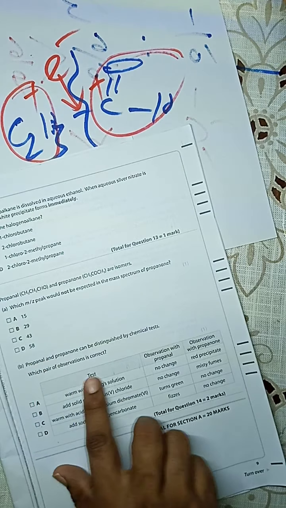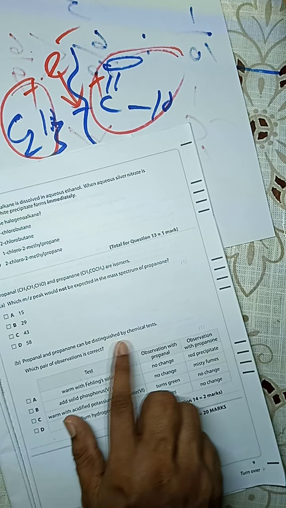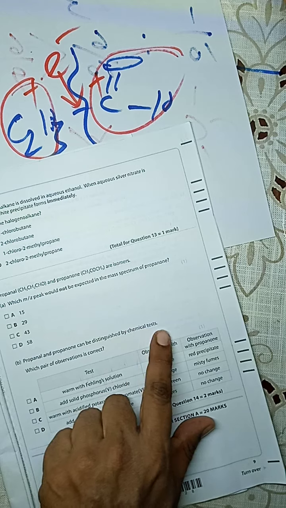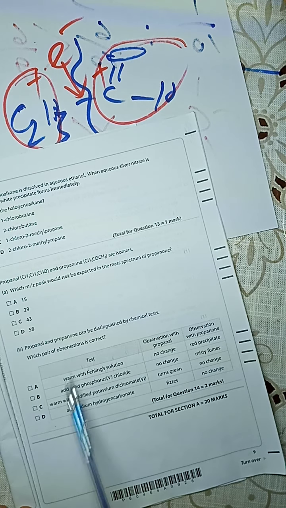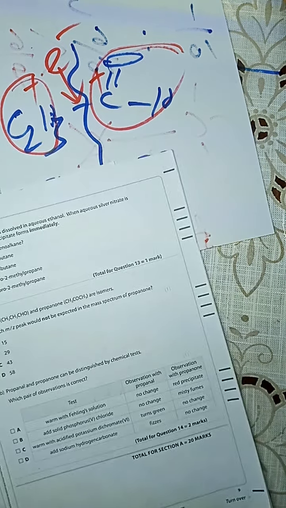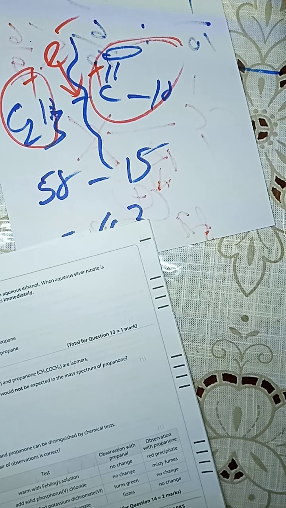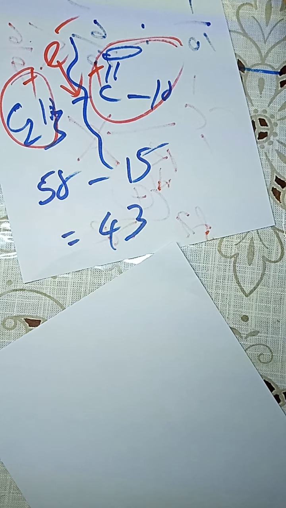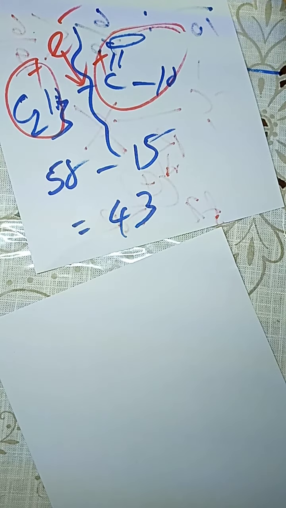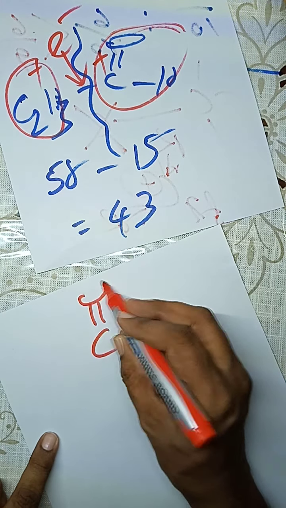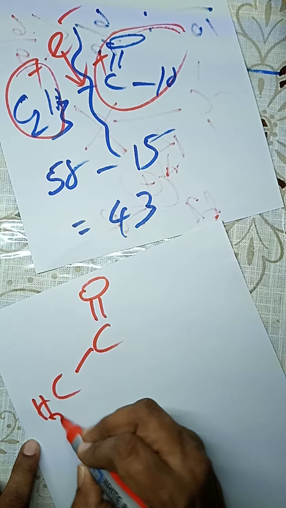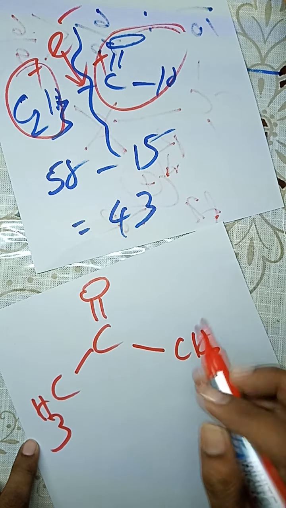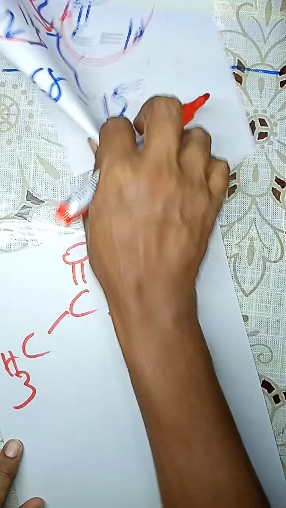Then 14b, propanal and propanone can be distinguished by chemical tests. Then you should understand that normally propanone, the ketone, does not undergo further oxidation.